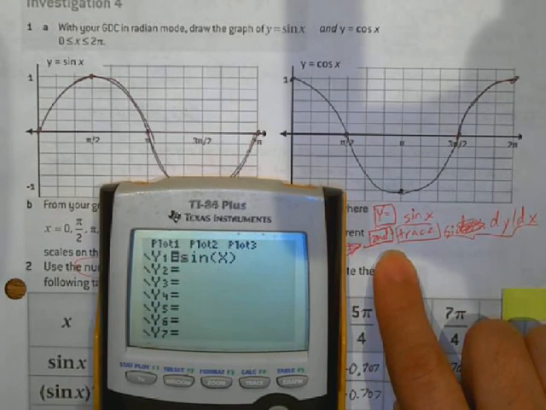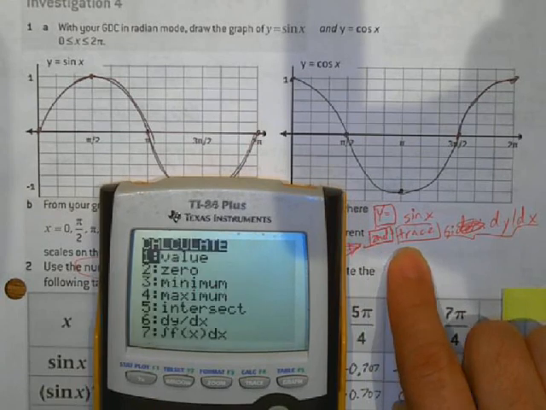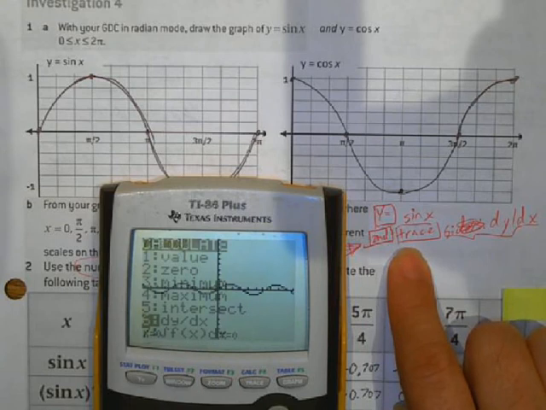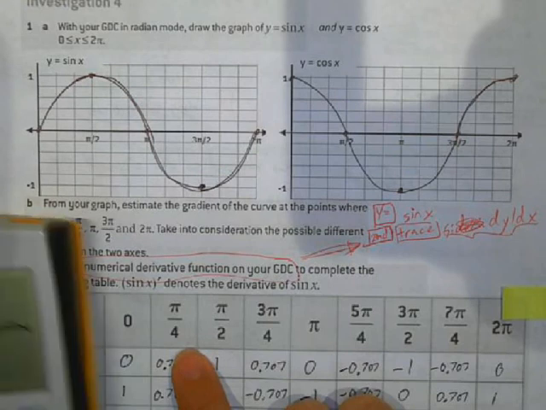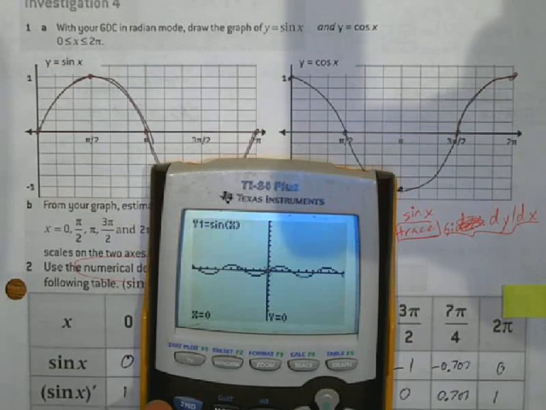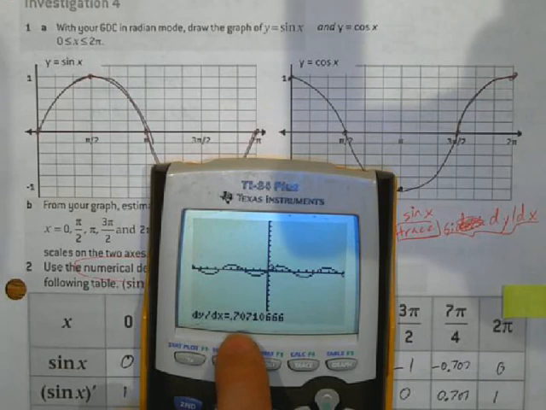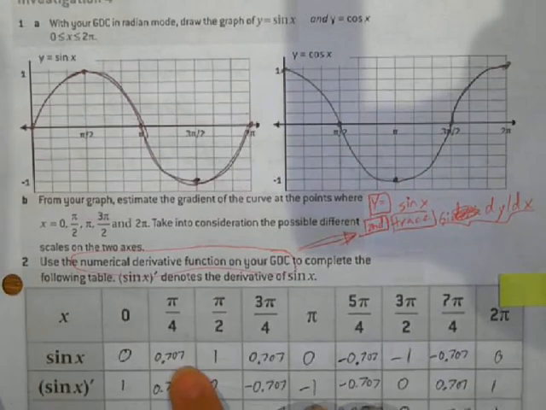Now I'm going to hit second trace, go down to dy dx, and hit enter. If I wanted to find the value at pi over 4, I type in pi divided by 4. And 0.707 is the derivative at pi over 4.